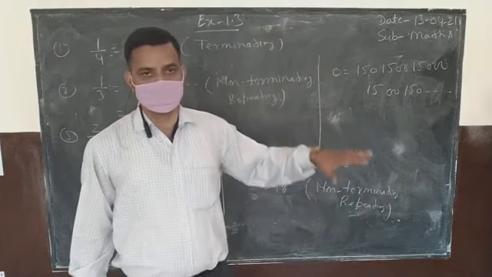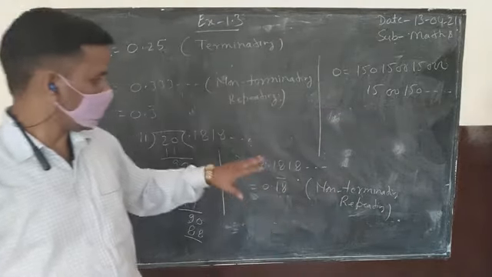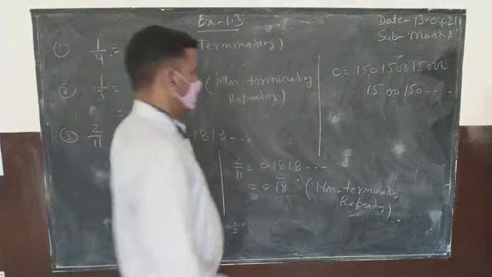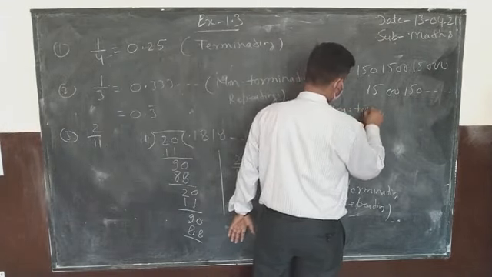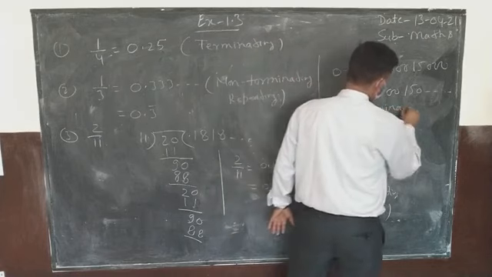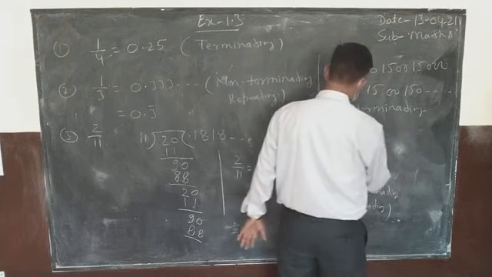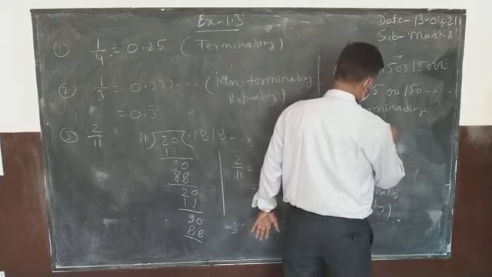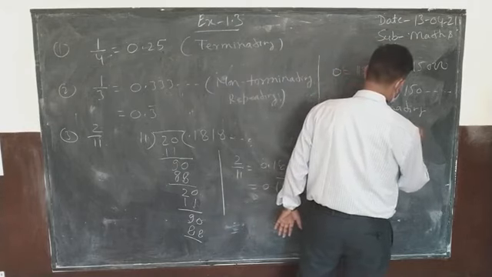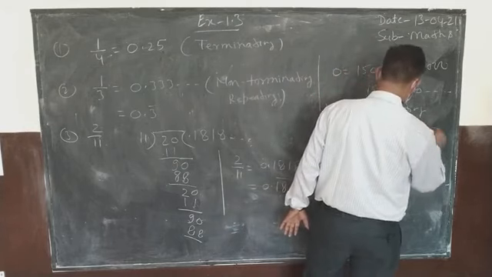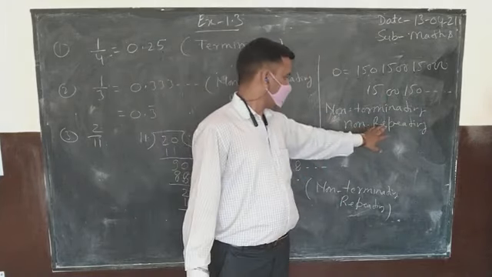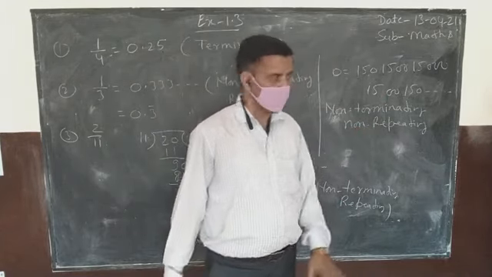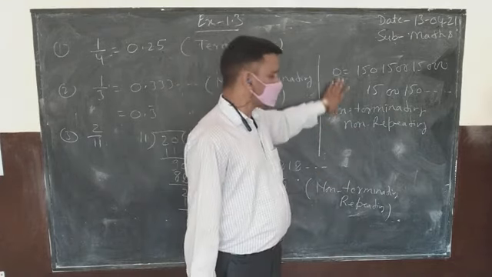This type of number is called non-terminating, non-repeating, or otherwise non-recurring. This type of number is called an irrational number.